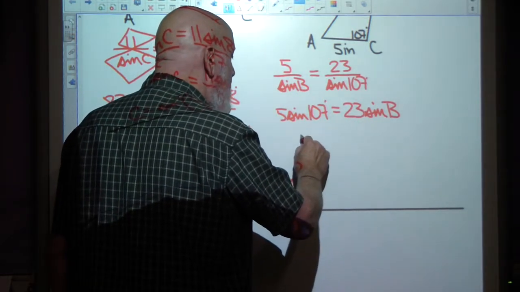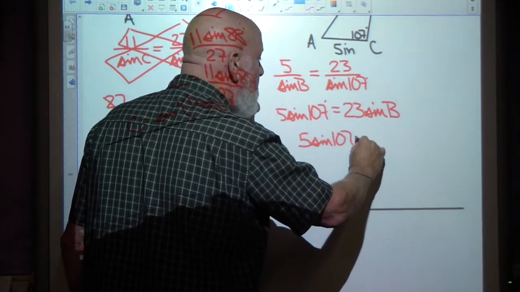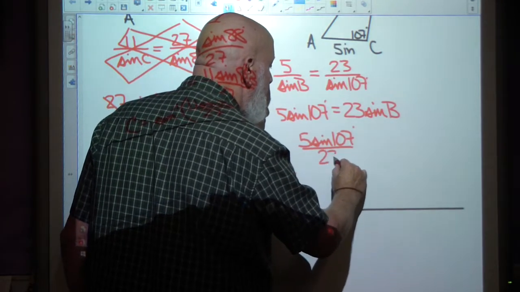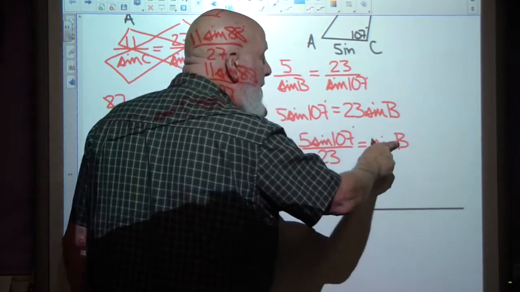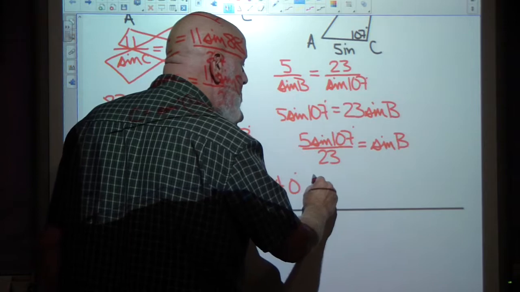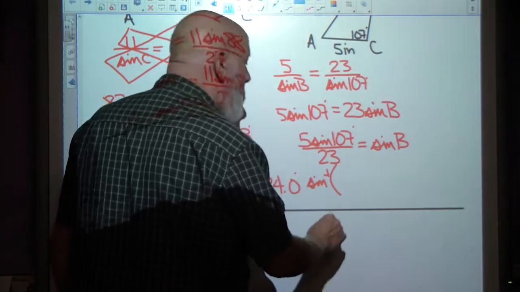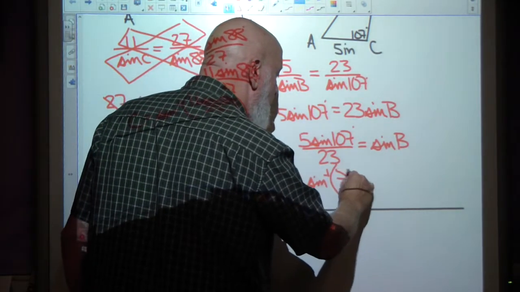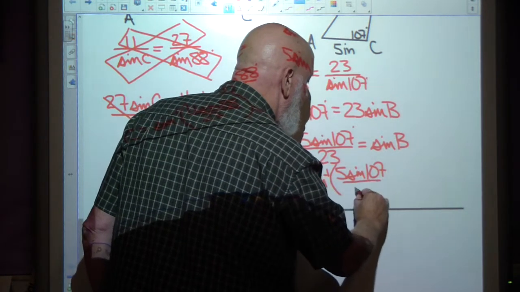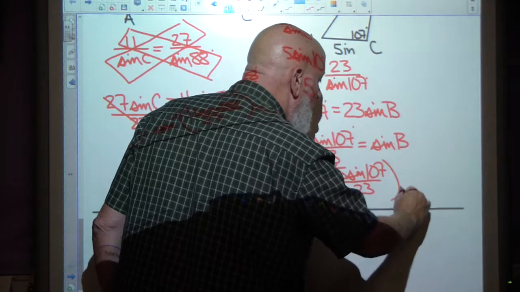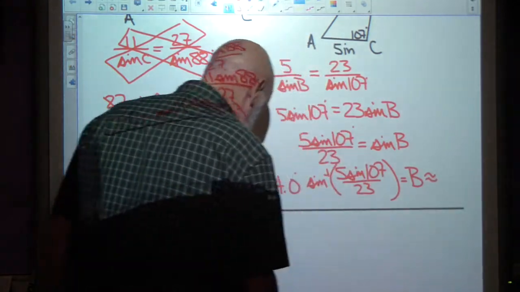So when I divide by 23, it'll be 5 sine 107 degrees over 23 is equal to the sine of B. So B will be equal to the inverse sine of this mess: the inverse sine of 5 sine 107 over 23 is equal to B. And then we're going to round that to the nearest tenth and come up with a value.